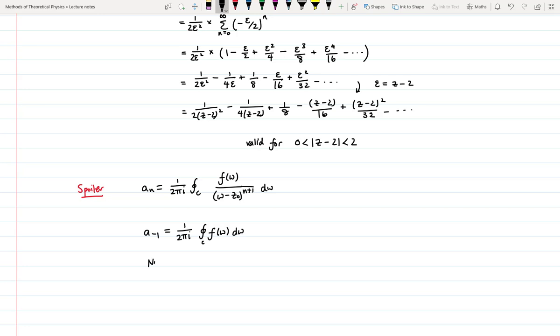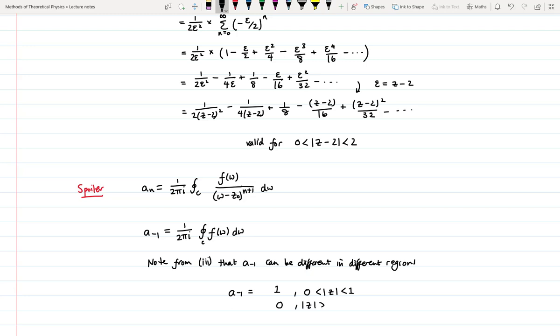You can also note from our earlier discussion in the third example that this coefficient a minus 1 can be different in different regions. We had that the coefficient equals 1 for z lying between 0 and 1, and it equals 0 when the modulus of z was greater than 1.